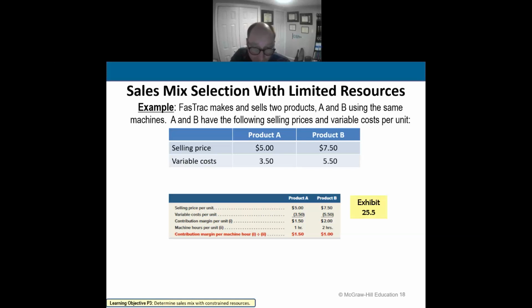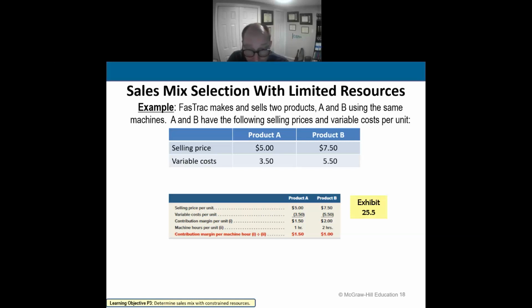So let's take a look. For product A, it takes 1 hour to make this set of wiper blades. Product B, it takes 2 hours to make this set of wiper blades. So with that, what we do is we take the contribution margin per unit divided by the machine hours per unit to get our contribution margin per machine hour.